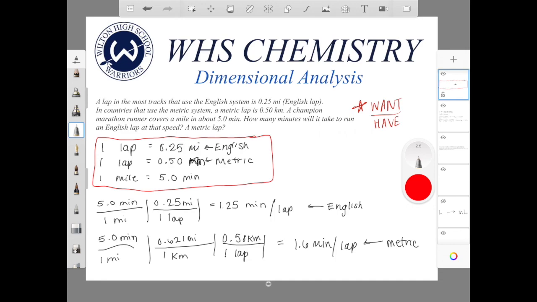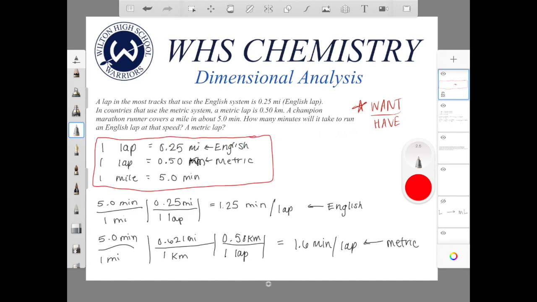First we start off by using the fact that it takes the runner 5 minutes to run 1 mile. Let's start with the English lap. We want to figure out how many minutes it takes the runner to run 1 lap, so we have to make our conversion factor.